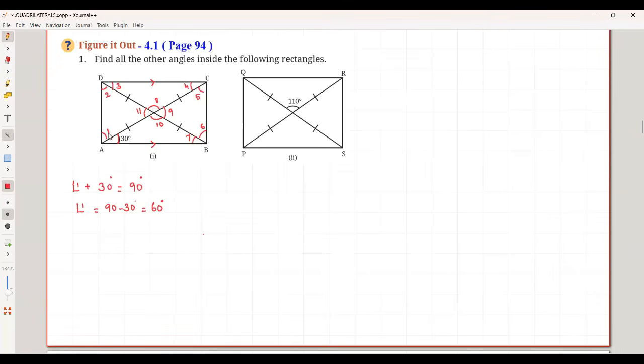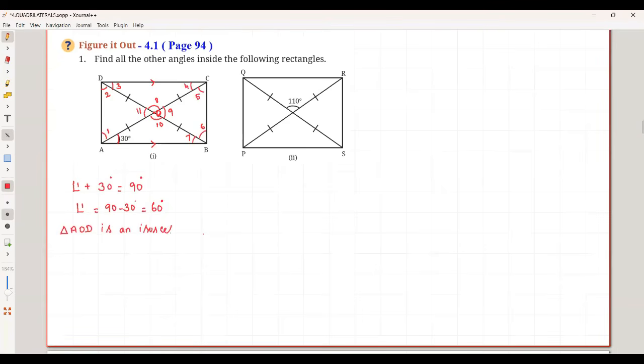Angle 1 is 60, which means angle 2 will also become 60 degrees. This I am naming as O. Therefore, AOD is an isosceles triangle. So triangle AOD is an isosceles triangle.